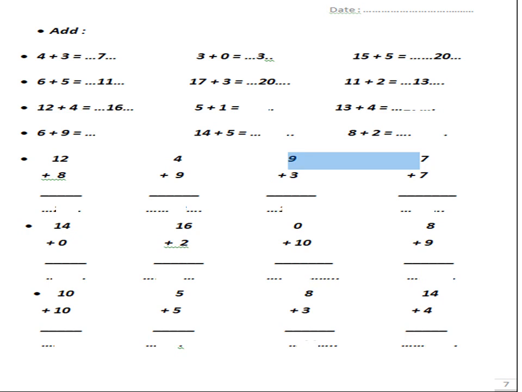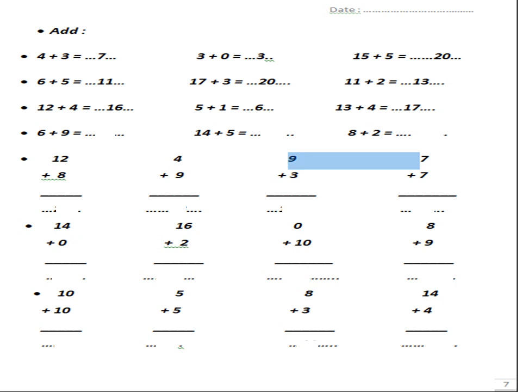So the answer will be 16. 5 plus 1. After 5 it will be 6. 13 plus 4. 13 in our mind and 4 in our fingers. After 13: 14, 15, 16, 17. So the answer will be 17.